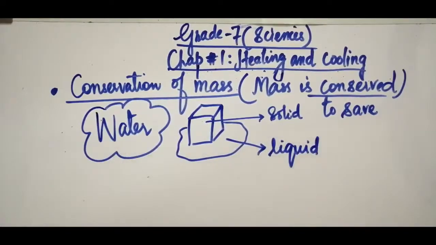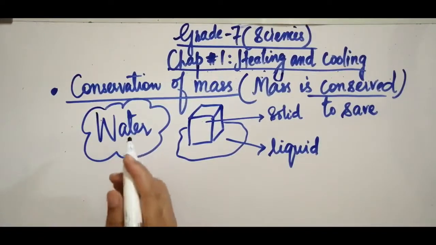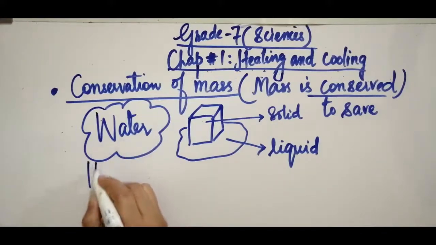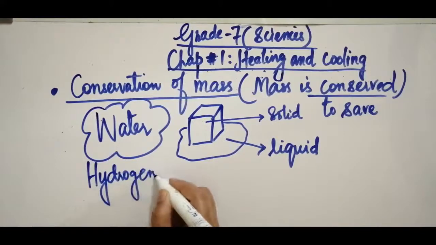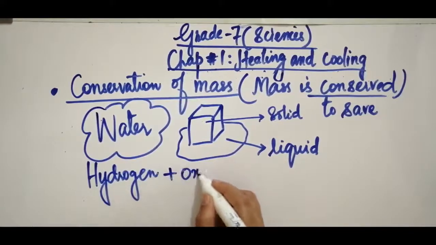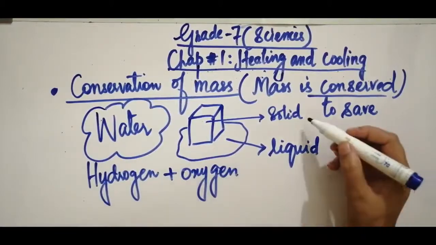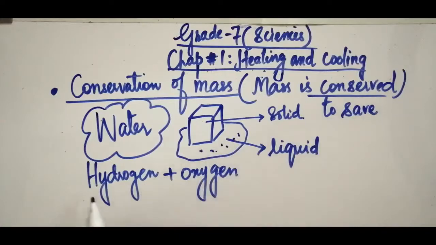And we also know what the composition of water is. How is water composed? Water is composed basically of two gases, and I think you are familiar with them: hydrogen gas plus oxygen gas. So do you think that after this conversion of solid water into liquid water, this composition will also be changed?